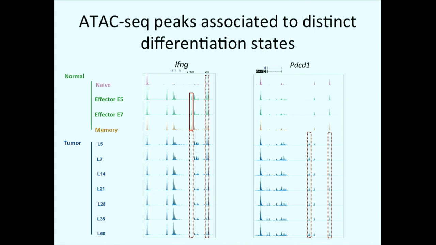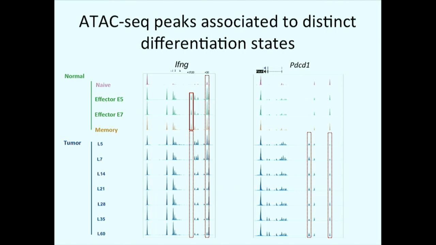You can see around this locus these accessible events: normal differentiation, naive, effector, memory, and then the time course in the tumor. And you see that there are events that are both on-off and quantitative differences between normal and dysfunctional differentiation.